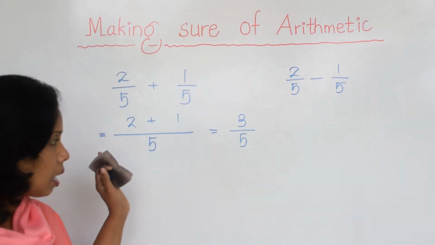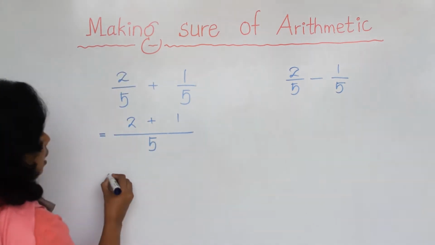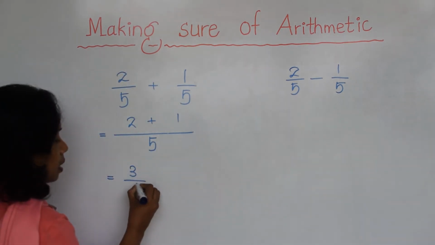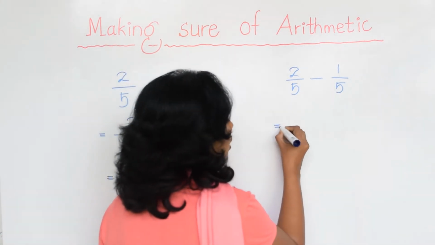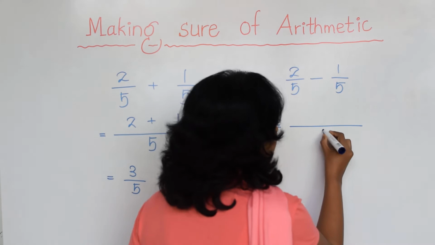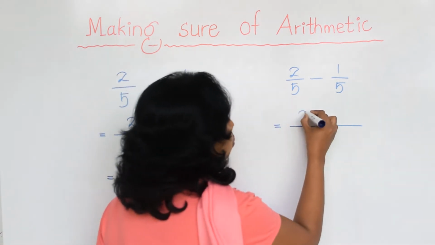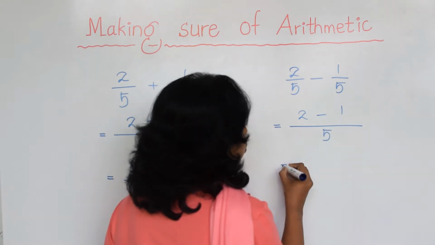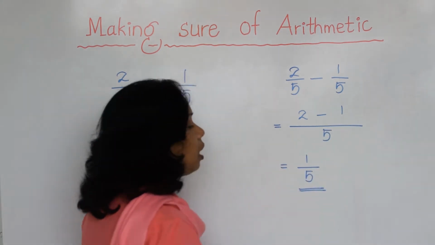Again, the same way, because we are talking about the same cake. That means here we have the same denominator. Like earlier, you can take the common denominator and do this subtraction like this. So what is the portion remaining for my mother?